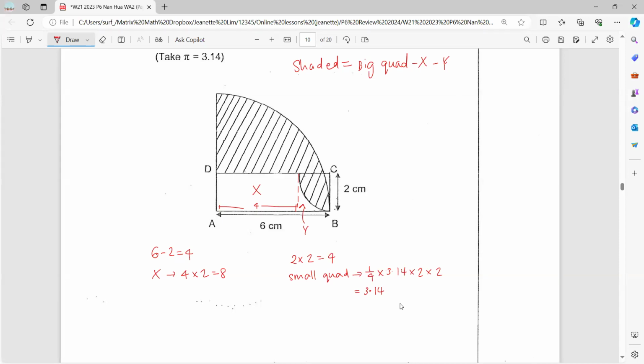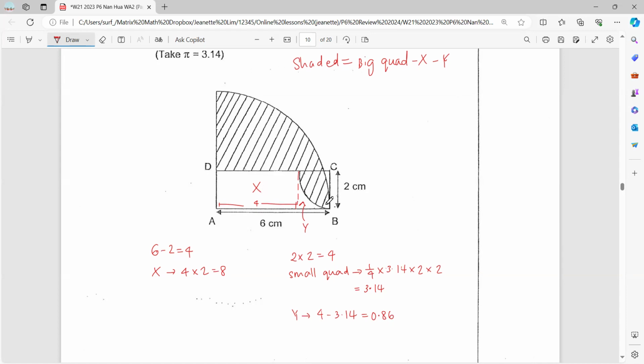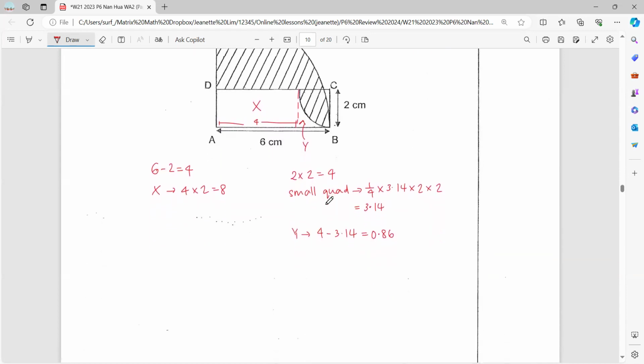Now let's find the area of Y. Basically, it's a square minus the small quadrant. 0.86. So big quadrant minus X minus Y. Big quadrant.